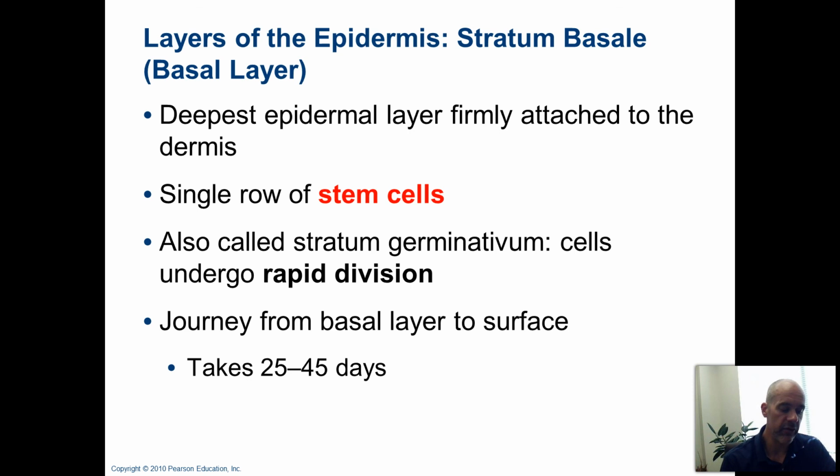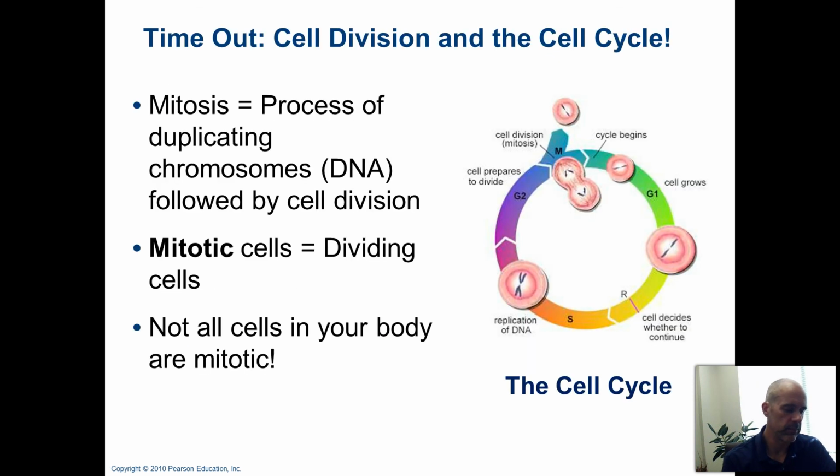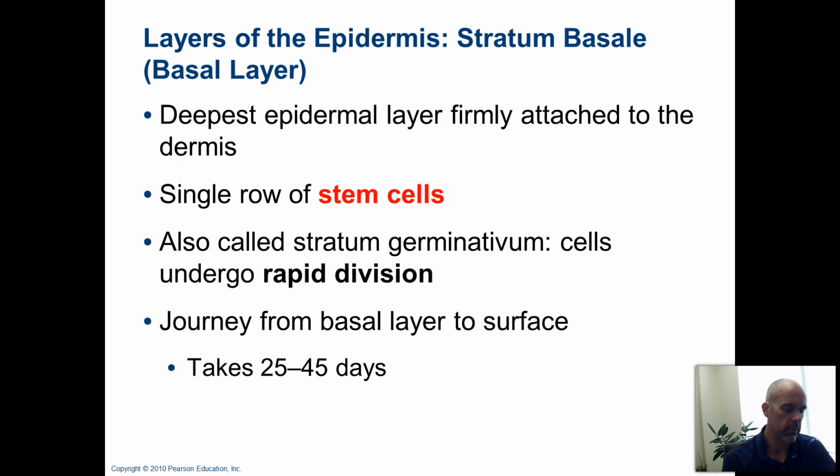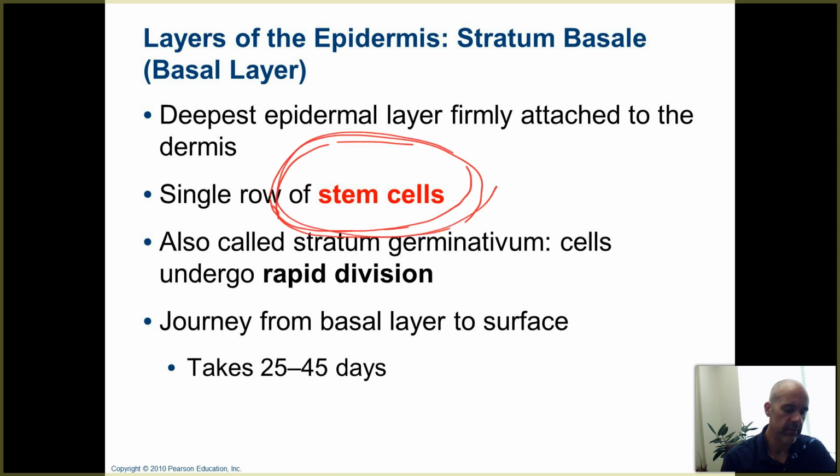The cells down in the stratum basale, that lowest sublayer of the epidermis, are where you have cells that are capable of dividing, and those are also referred to as a type of stem cell. They're stem cells because they are a source for additional keratinocytes as you move upward in the epidermis.